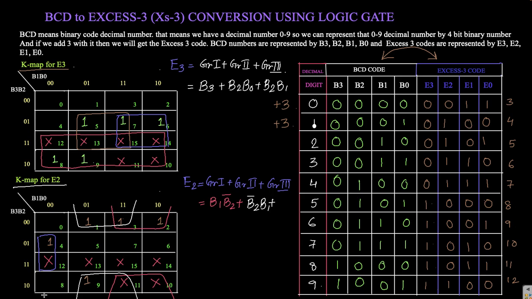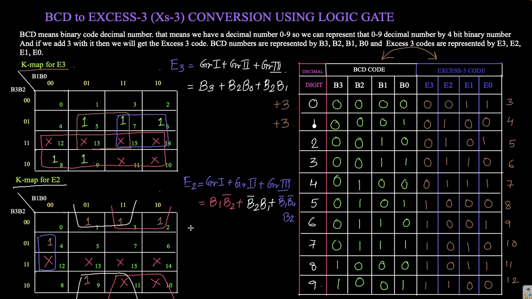Plus group 3, it is nothing but, so 0 0 does not change, B1 bar, B0 bar, and obviously for this 0 1 1 1, B2 is also there, because B2 is from 1 and 1, B2 is unchanged. So B1 B2 bar plus B2 bar B1 plus B1 bar B0 bar B2.